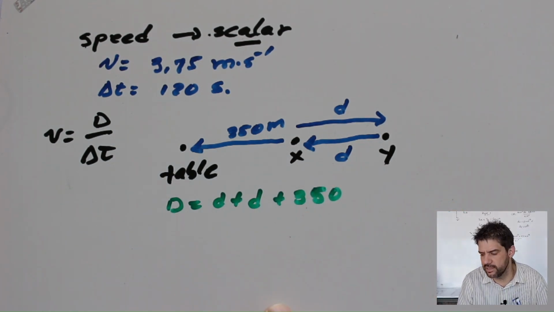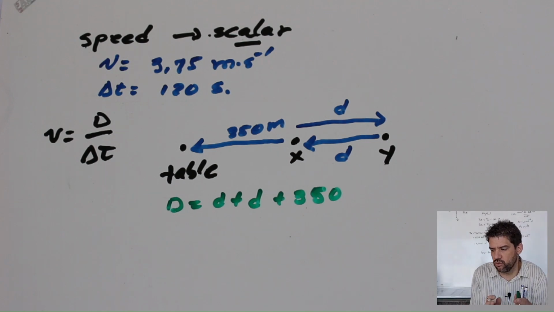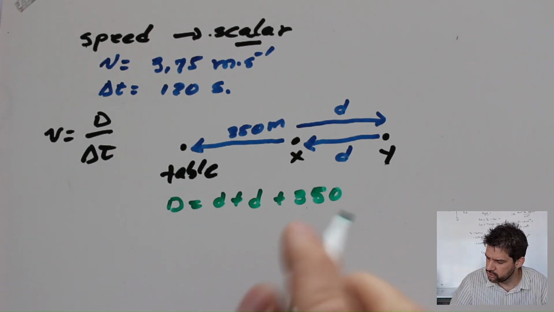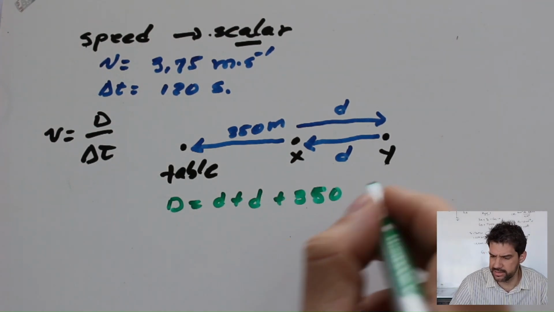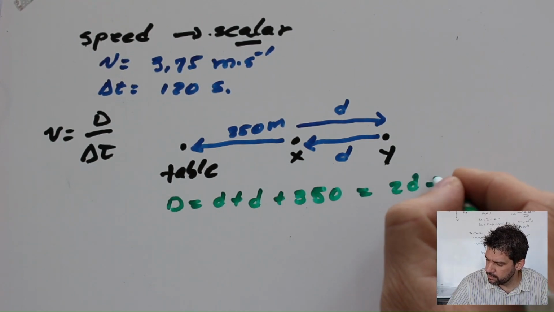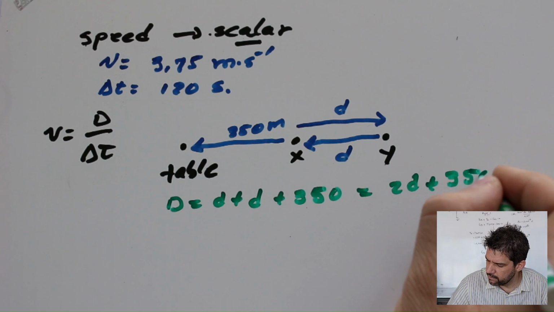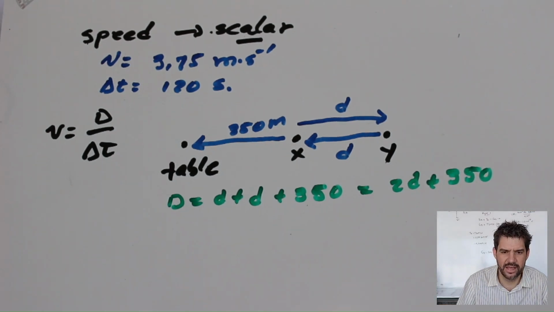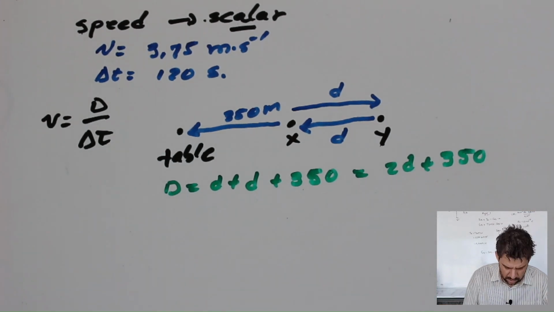That is the total distance, because that forklift goes to Y, goes back to X, so it can go to the table, passing through X again. All right, so this is mathematics: this is equal to 2D plus 350. And then, which could be the tricky part, we can now calculate the speed.